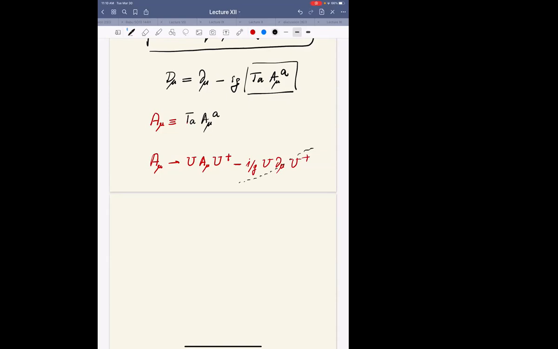To understand, take theta^A constant, the global piece only, and you get that A mu transforms as U A mu U dagger. You see, this is an adjoint, and it's always there. So it's good that you understand the meaning of adjoint.